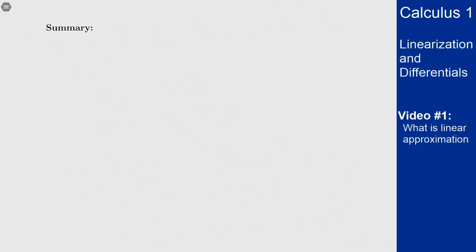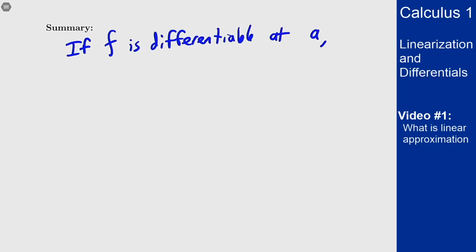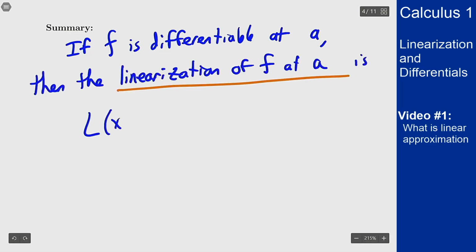So our summary here: if f is a differentiable function at a point a, then we define the linearization of f at a to be that equation we got before from both the tangent line and from the definition of derivative. We'll call it L of x, which is f of a plus f prime at a times x minus a.